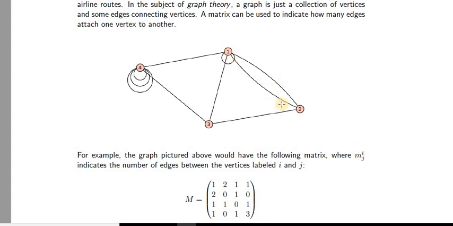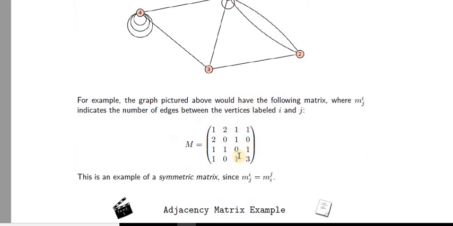So for instance, M_12 would be 2 because there are 2 edges from 1 to 2. And M_21, as we mentioned, also has 2 edges. So you can see that M_12, row 1 and column 2, is here. M_21, row 2, column 1, is here. They're the same number. So this matrix is called symmetric. If you draw a line down the diagonal and you look above and you look below, you'll see the same thing.